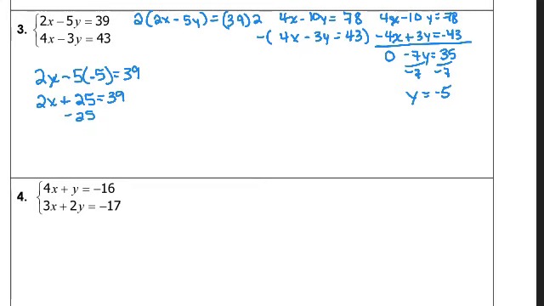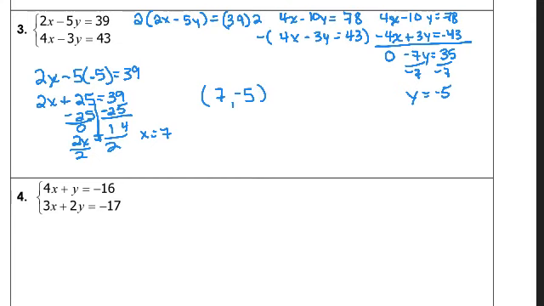Subtract 25 from both sides to zero it out on the left. 2x is equal to 14, divide by 2, and x is equal to 7. Therefore, my final ordered pair is 7, negative 5.